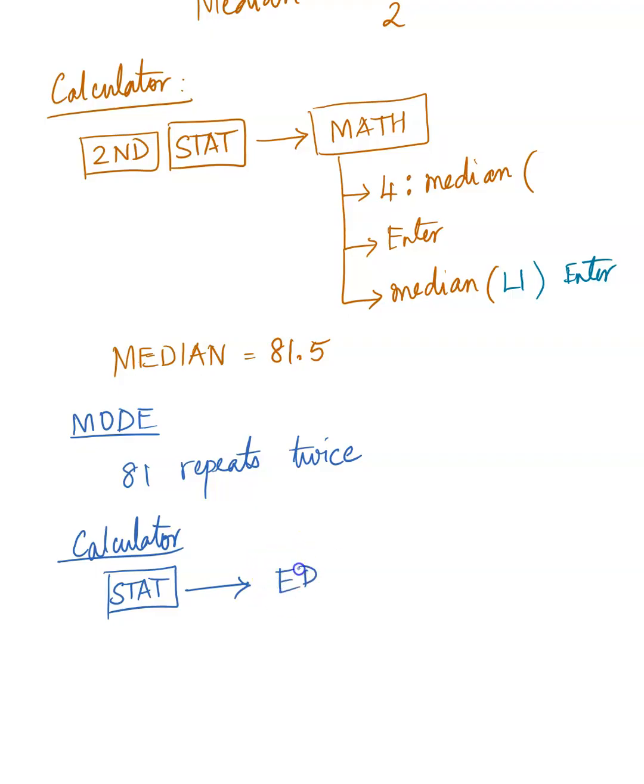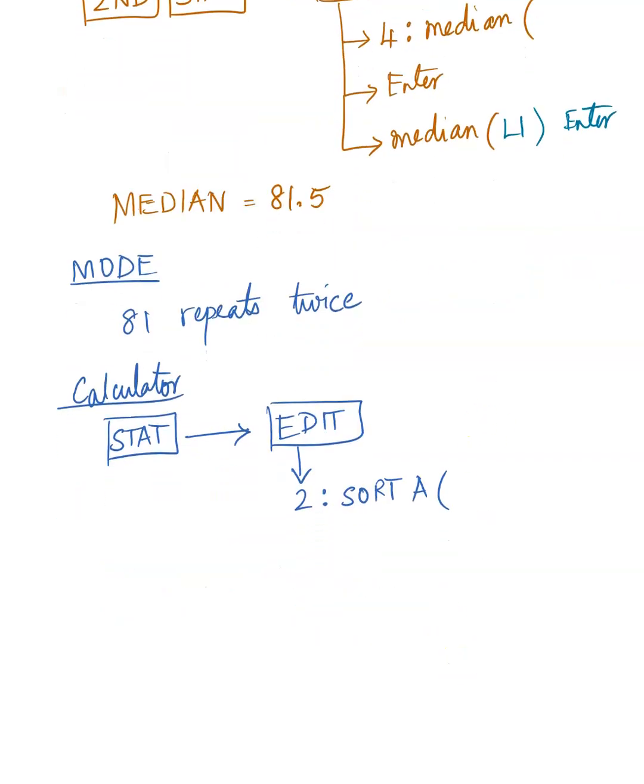So this is under edit, okay. So go down to menu number 2, which is sort A, open parentheses. Remember we did this when we wanted to sort. Sort A stands for ascending order, sorting your numbers in ascending order. So we'll be using this for other calculations. So you want to use this to arrange your numbers in ascending order.